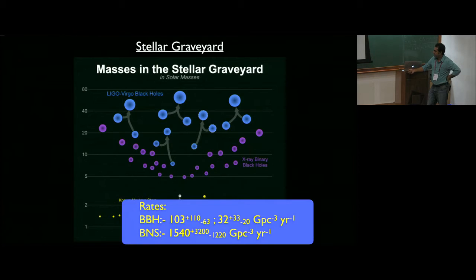These are the rates. For binary neutron stars, the rate is much higher. It remains to be seen which direction this goes in. There are large error bars. There are several problems in making, from astrophysics, binary neutron star rates be as high. Okay? But no matter how these numbers pan out over the years, one thing is sure, that they merge fairly frequently, which can be detected by these gravitational wave detectors.